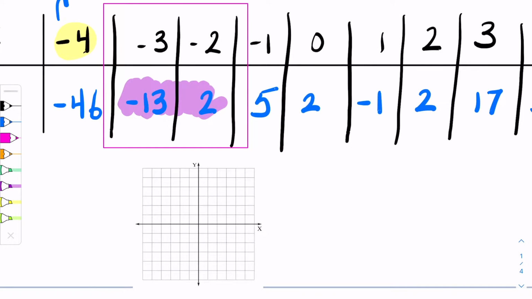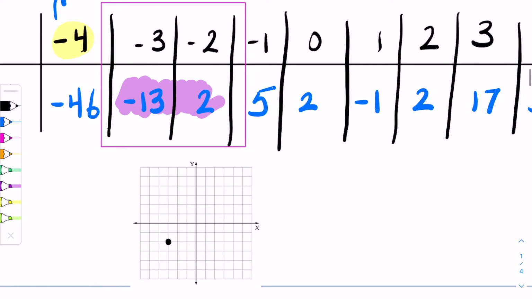If I was to graph a point at -3, -13, I would be right here. If I was to graph another point, -2, 2, I would be right here. If I was to connect those with a curve, it would connect like that. That means the graph crosses the x-axis in between those 2 points. So anytime your graph changes from a negative to a positive, that means your graph is going to be crossing the x-axis, and that is going to be one of your answers.